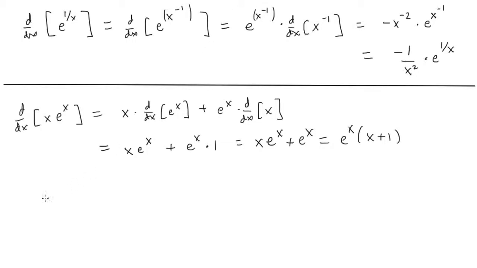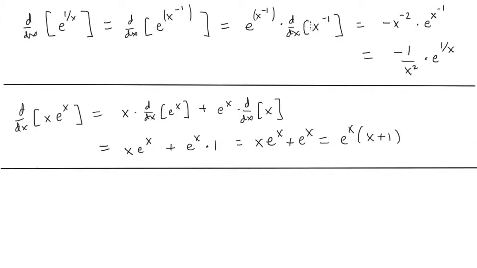Lastly, let's do something that involves the quotient rule. Let's say you had the derivative of x over e to the x. In this case, what does the quotient rule say?